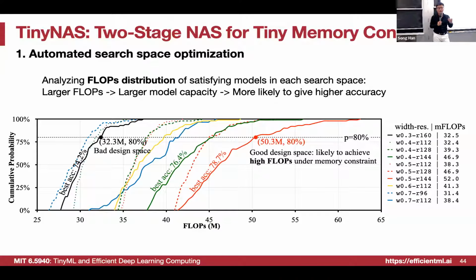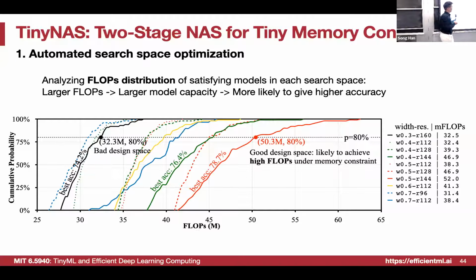And remember, computation is cheap compared with memory movement. So we want to maximize the amount of FLOPs we can do, which is positively correlated with the model capacity. The larger the capacity of the model, the higher the accuracy. So use this as a proxy to estimate the accuracy without having to train it.